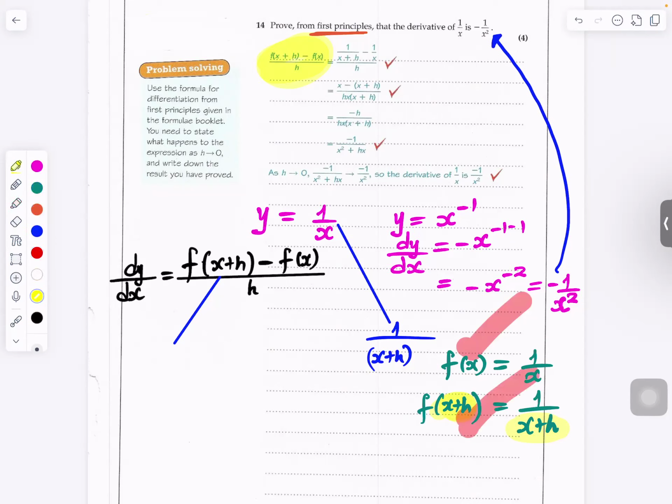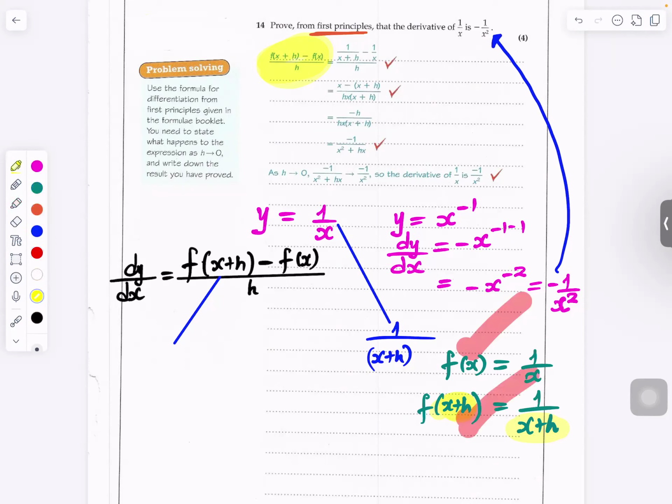I keep this one the same, change the divide to times, and then I'll flip that, so that will become 1 over h. And what will happen is this h will cancel with that h. So you end up with minus 1 over x bracket x plus h.